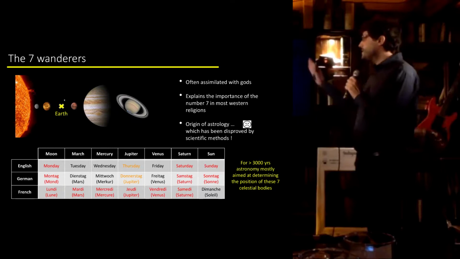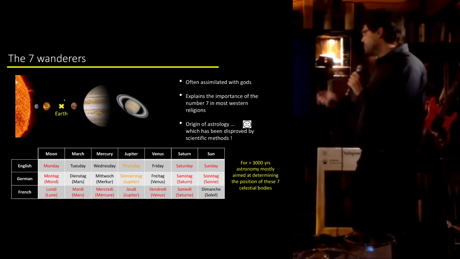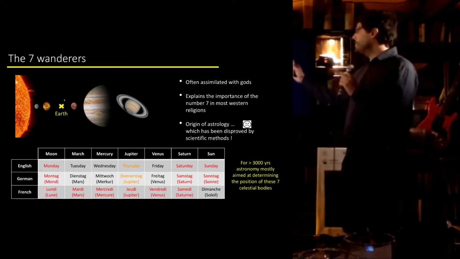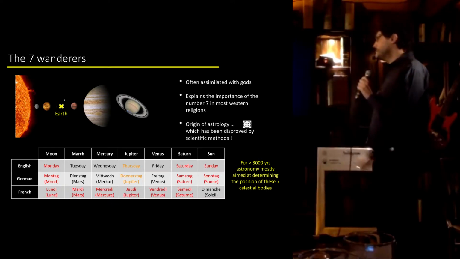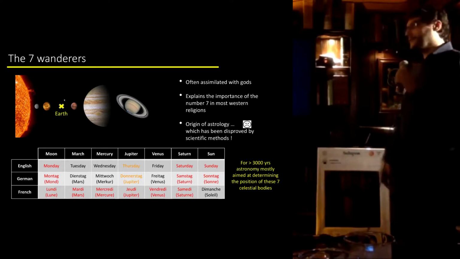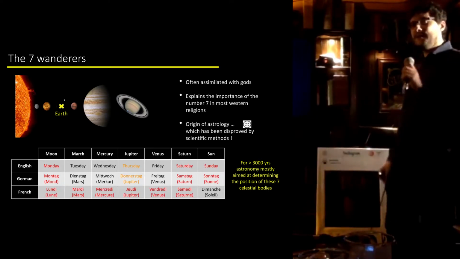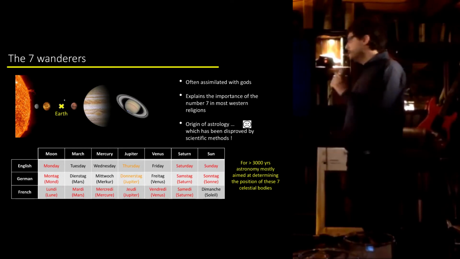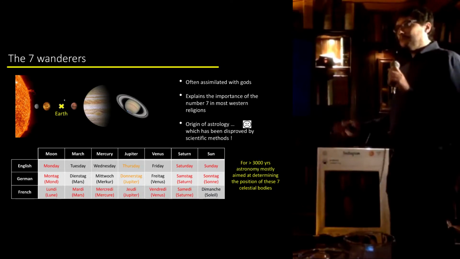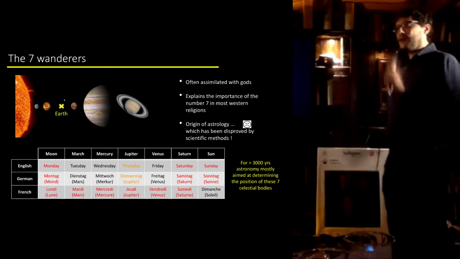So at that time, first of course, you have the sun and the moon, and you have 5 additional planets, which are Mercury, Venus, Mars, Jupiter, and Saturn. And only those, because Neptune or Uranus or Pluto or whichever you want to add were not known in the ancient civilizations.